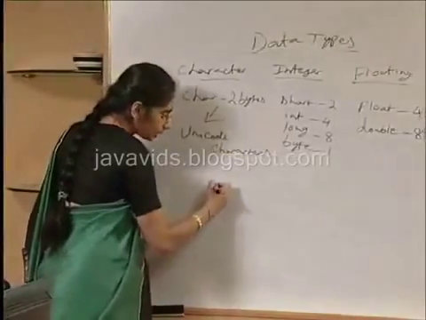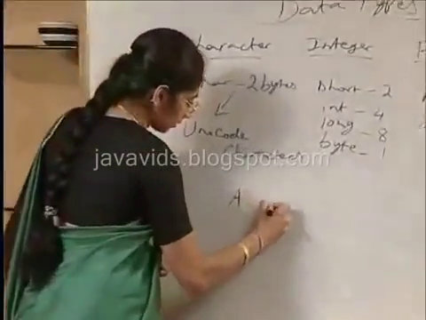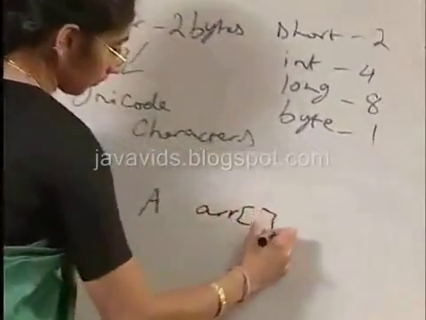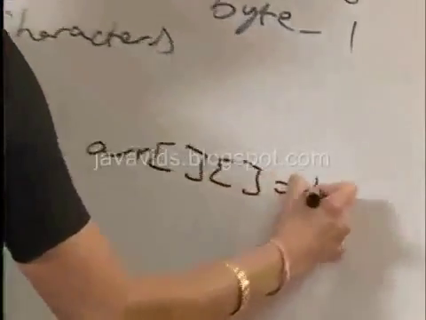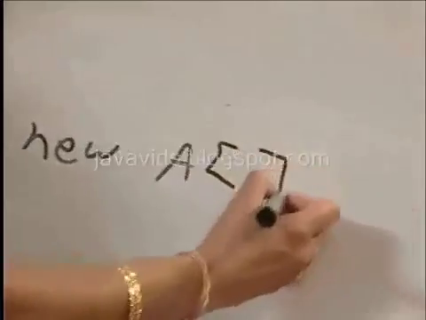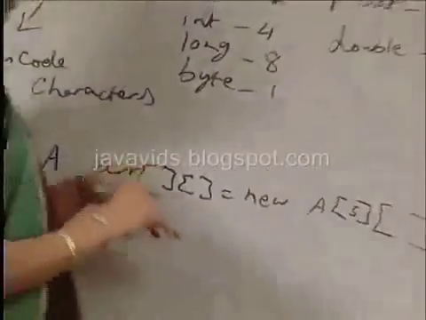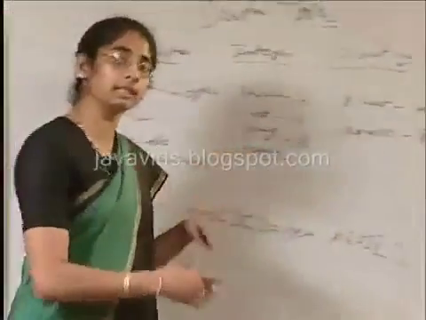Similarly, if you're creating a 2-dimensional array, you can have each of the rows with different lengths.